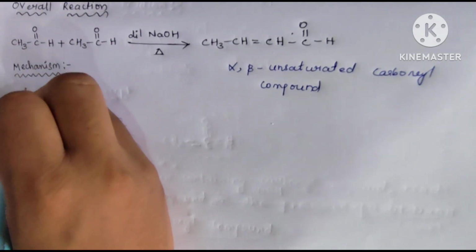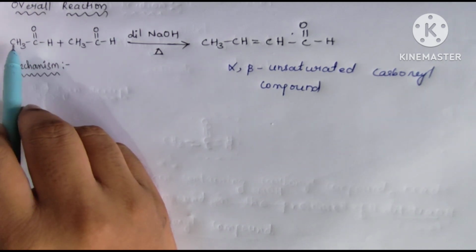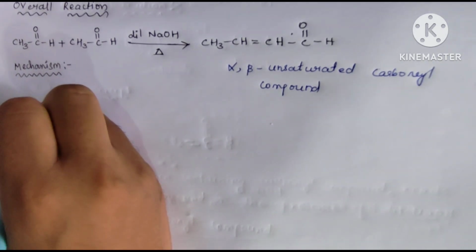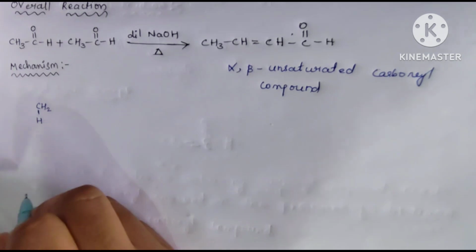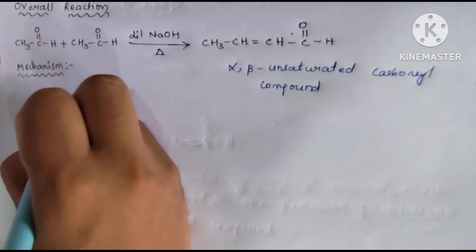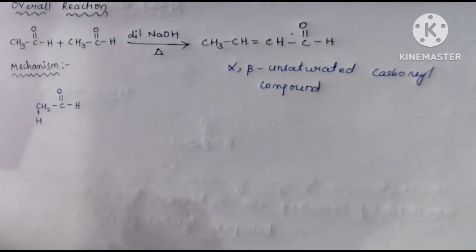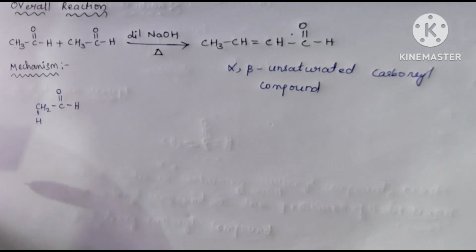I am taking one alpha hydrogen, so instead of writing CH3, I can write CH2 bond H, bond C double bond O bond H.